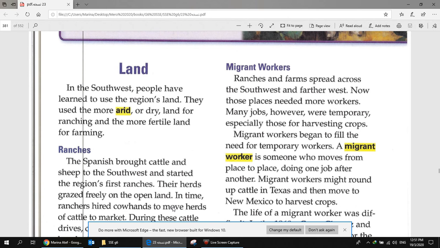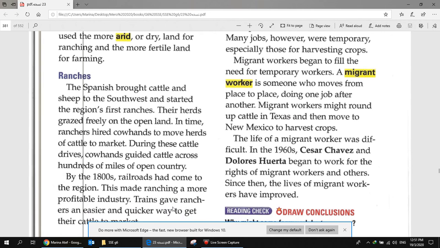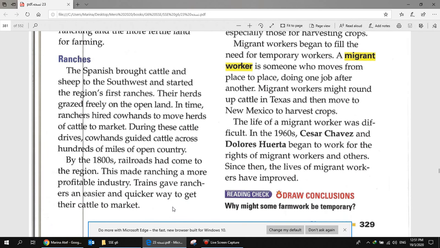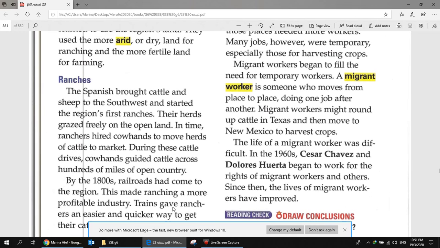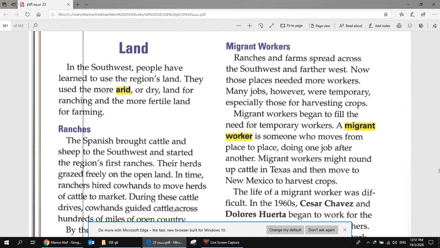So the dry land, they used it for raising their animals, and the good land they used it for farming. So they raise cows and other animals. Okay, this is the first resource, the land.